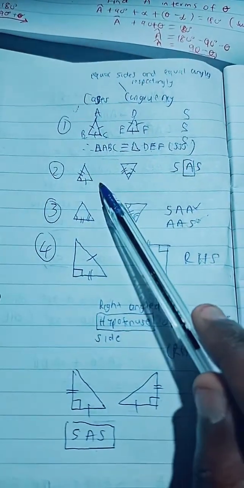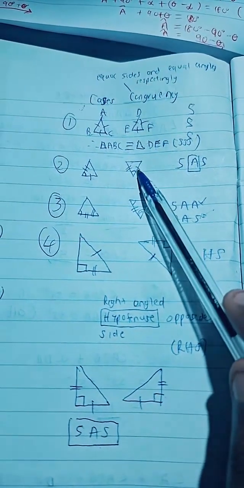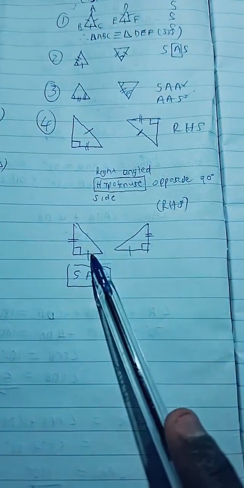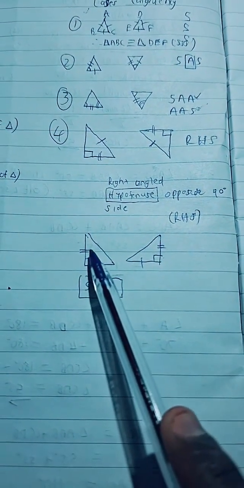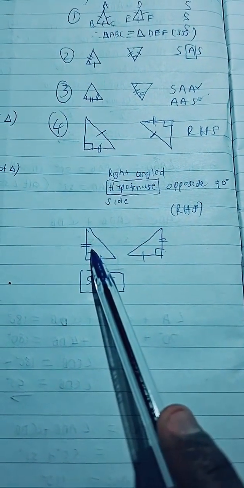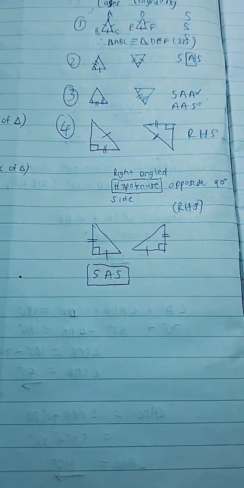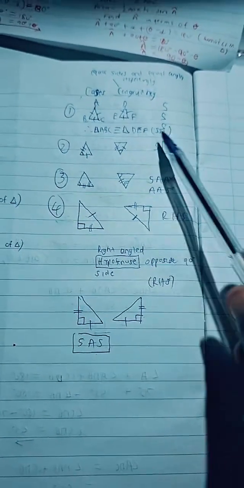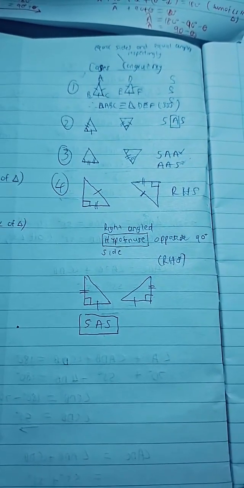SAS has to do with two sides, respectively, for the two triangles being equal with an angle sandwiched in between. So even though we have a right angle, this is not RHS, it is SAS, because you have two sides, respectively equal, but the two sides have an angle of 90 sandwiched in between. So it's SAS, this one. It's not RHS. When we are clear about our cases of congruency, guys, we are going to make it.